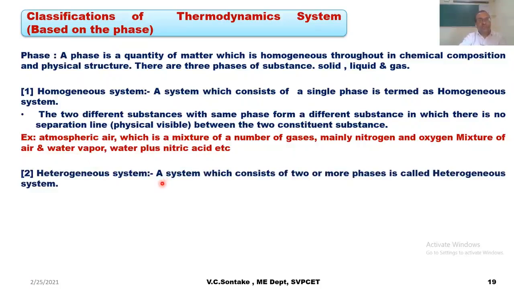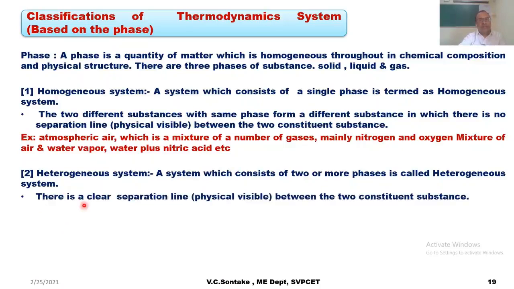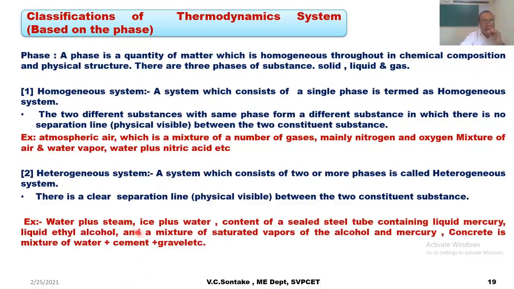Heterogeneous system. A system which consists of two or more different phases is called a heterogeneous system. In a heterogeneous system, there is a clear separation line and they are physically visible between the two constituent substances. Water plus steam.